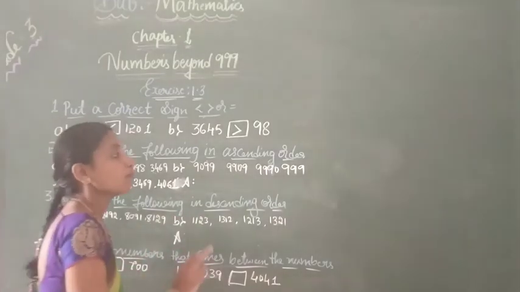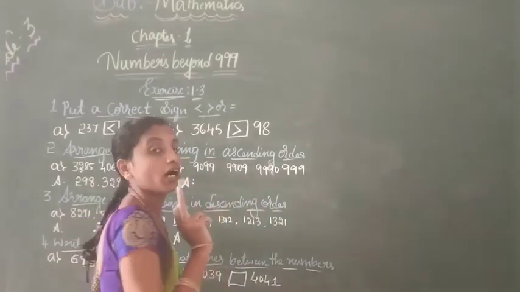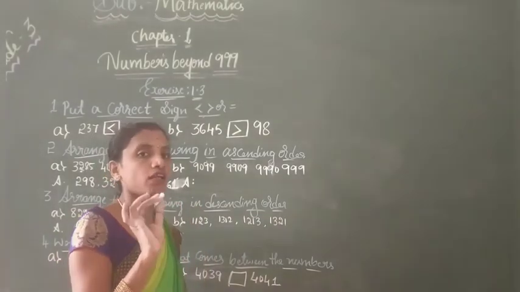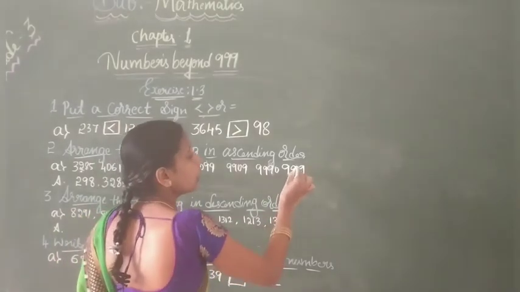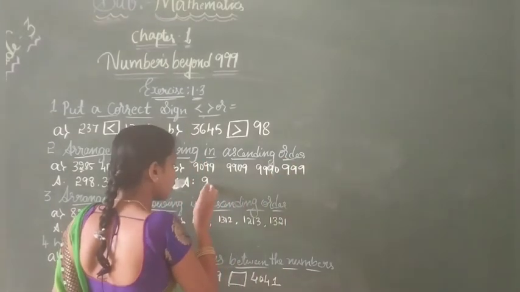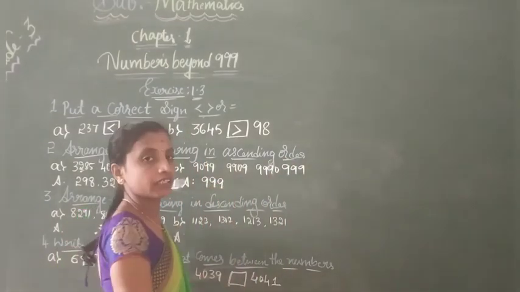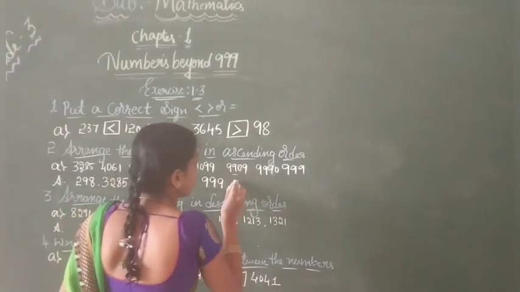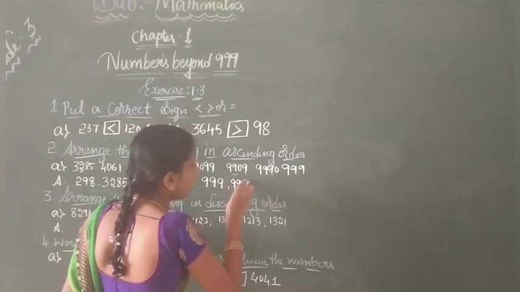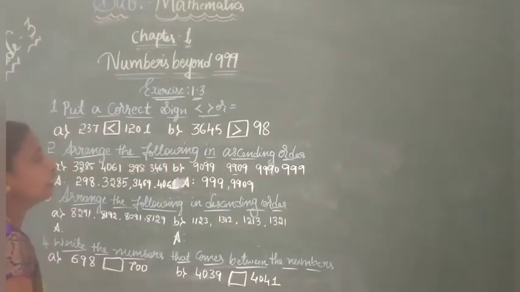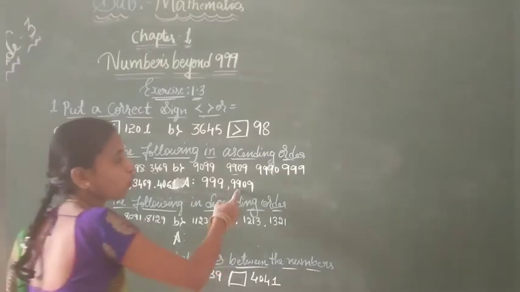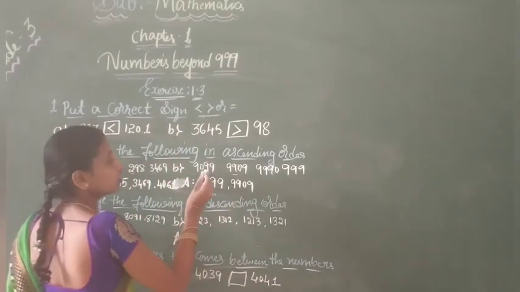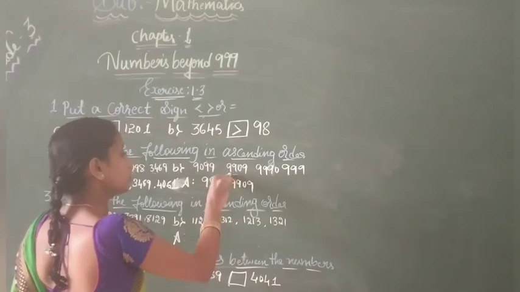Next, another example. This may get confusing, but don't get confused. Just observe the ones, tens, hundreds and thousands places. Which is the smallest number? 999. Is it clear? Next smallest number is here. 9909. Is this the smallest number? Wrong. Look here. Compare the thousands place. Here is 9.